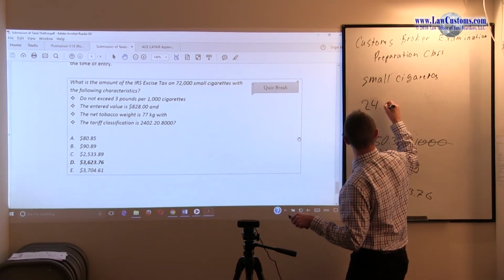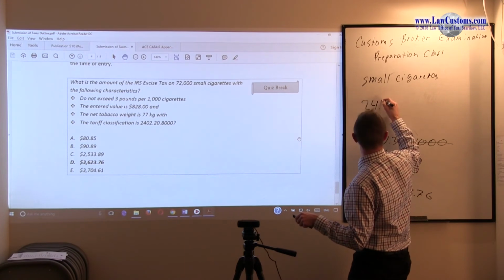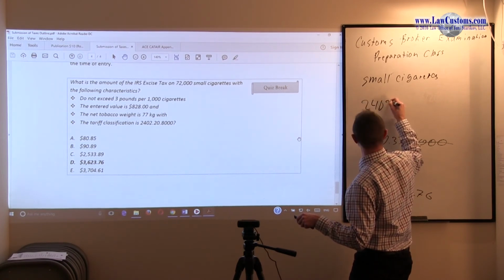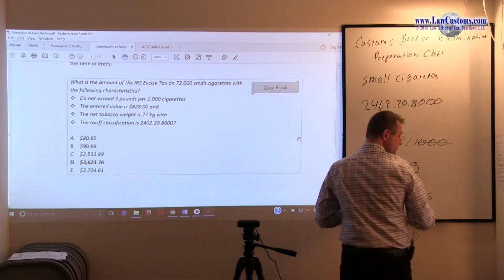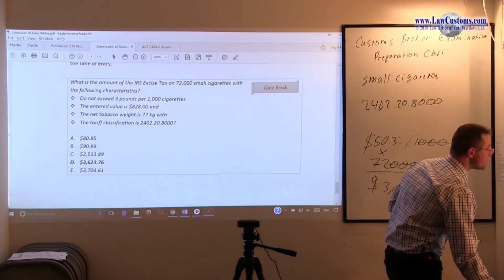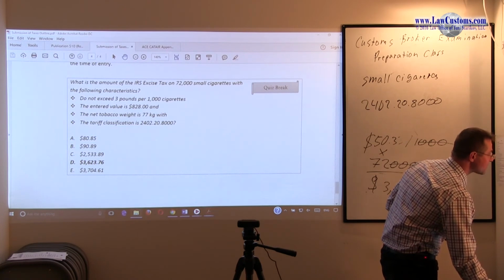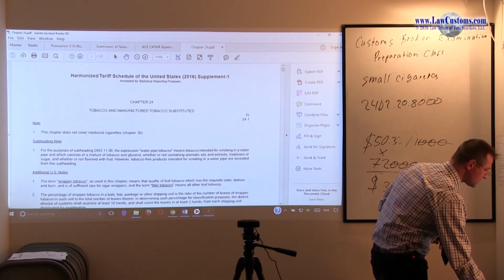So it's provided for under HTS 2402 28,000, right? So let's look it up. Let's pull up the HTS table and see how it looks.